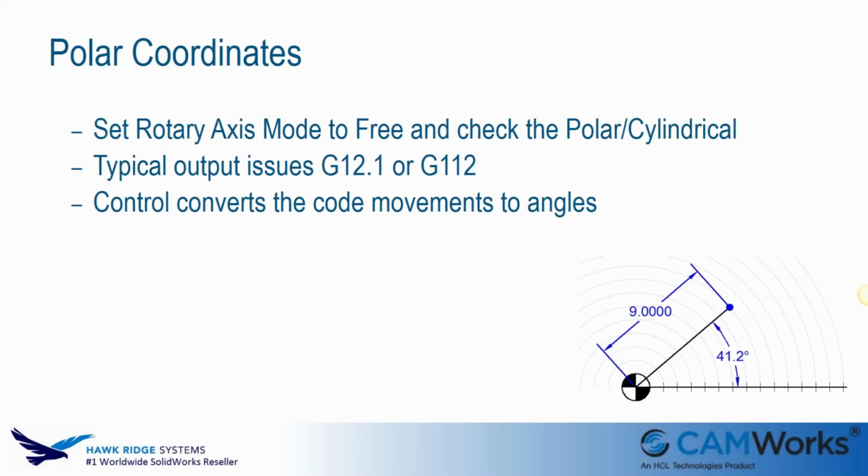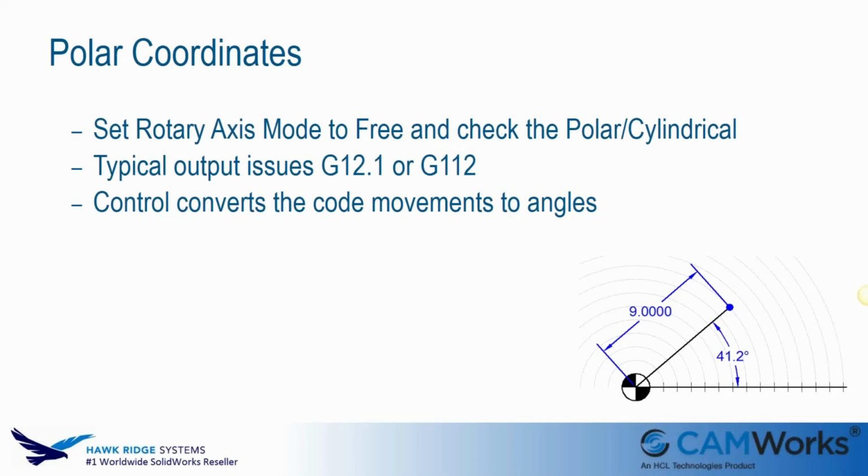So essentially, if you're not familiar with polar coordinates, you're changing your output from an X and Y Cartesian kind of system to a polar system where you're using a length and an angle. So a polar system is typically used for things like a bolt PCD, where you maybe have 6 holes in a PCD and you want to specify the angle between them.